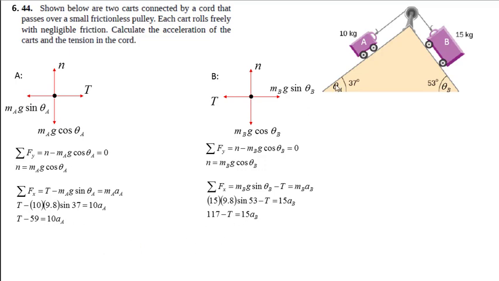I think, based on the fact that this is heavier and this slope is steeper, that B is going to accelerate in this direction, which means that A would accelerate in this direction. And I just need to check, do they have the same sign of their acceleration? Well, in this picture, if B accelerates downhill, that would be to the right, and that would be a positive value.